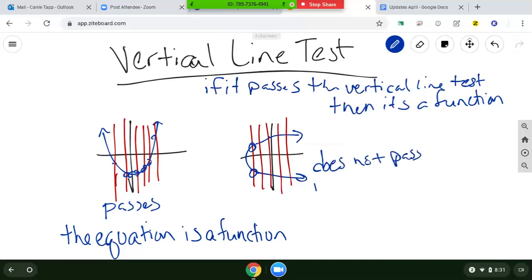So this one is not a function. When they're drawn out like this, you just slide your pencil from left to right. If it touches the equation in two spots, that makes it not a function. If it only does in one, like the one on the left, then it is a function.